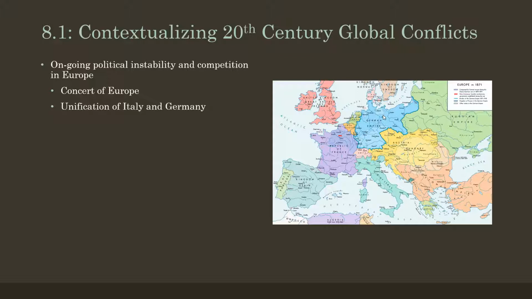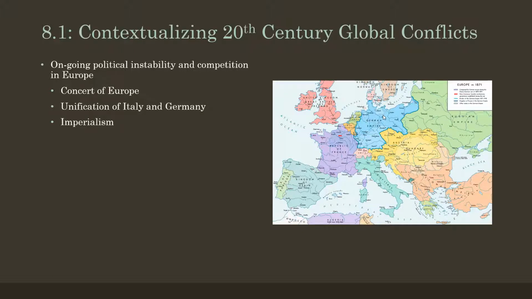But there's also a lot of unease and growing tension when we get to the 1870s and 1880s. The Concert of Europe was this attempt that came out of the Congress of Vienna to solve issues diplomatically rather than through military means, through war. It was met with mixed success, I think we could say. And with the unification of Italy and Germany, the Concert of Europe is really thrown out of whack. It's thrown off kilter because the balance of power is fundamentally upset when that happens.